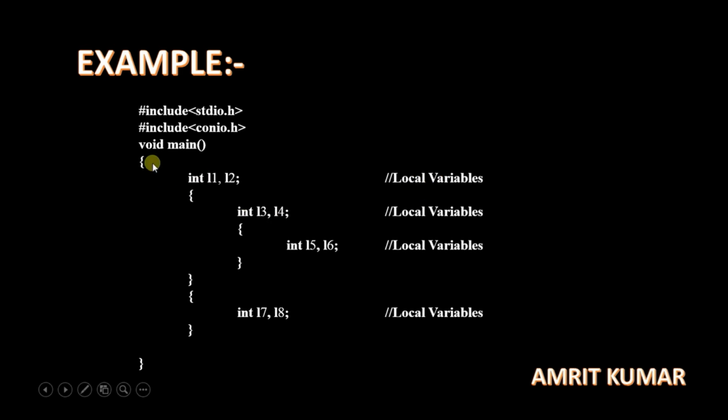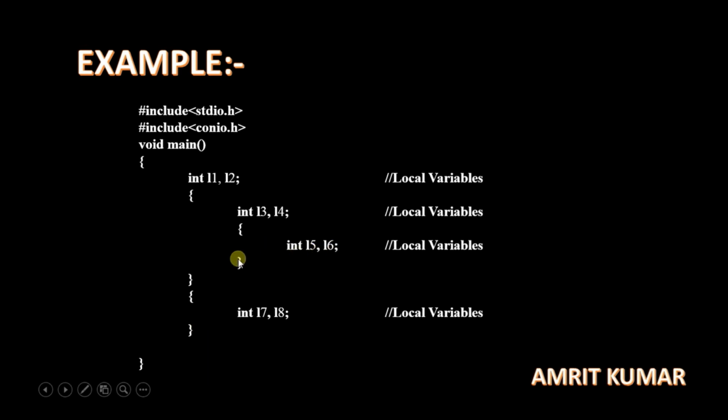So its life is within this curly braces, within this scope. I3, I4 life is within these curly braces. I5 and I6 life is within these curly braces. I7, I8 life is within these curly braces, and not outside of them. So I7, I8 will be alive within these curly braces up to the close curly brace.